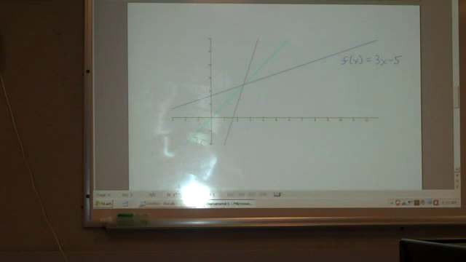The purple line is the inverse, which I now have to write as f inverse of x, and it was x plus 5 over 3. And then there's my y equals x in there to test for reflection. Okay? That's the pattern with it.